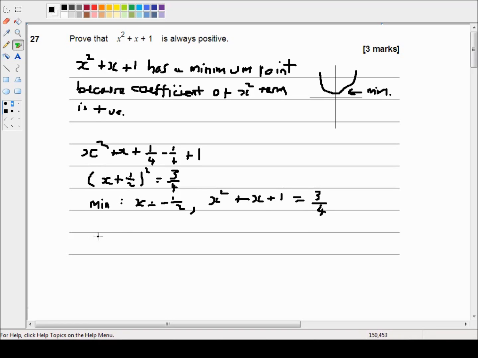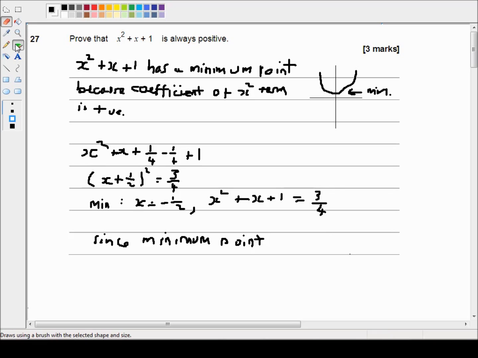And I'll say, since the minimum point is greater than 0, actually I'm going to be more clear than that, because I don't want someone marking me down for being pedantic.